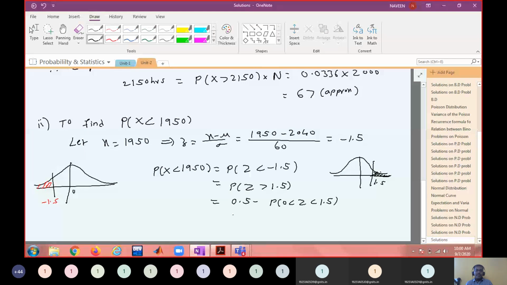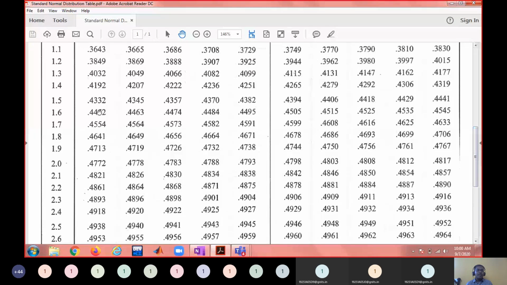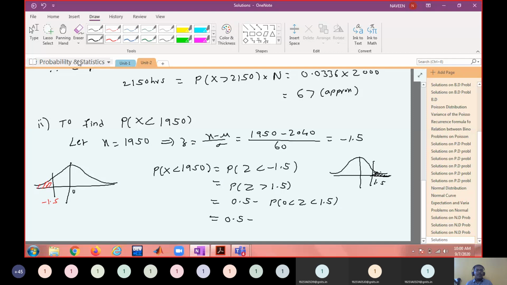Now look at the distribution table and find the value at 1.50, which is 0.4332.